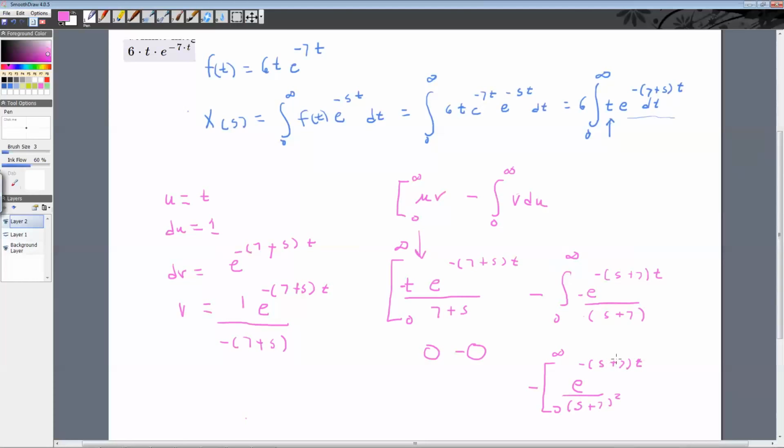Because if I took the derivative of this, I'd bring this down, that would cancel out one of the s plus 7s, and that minus sign, so if that's positive, because I take that down, that becomes positive.